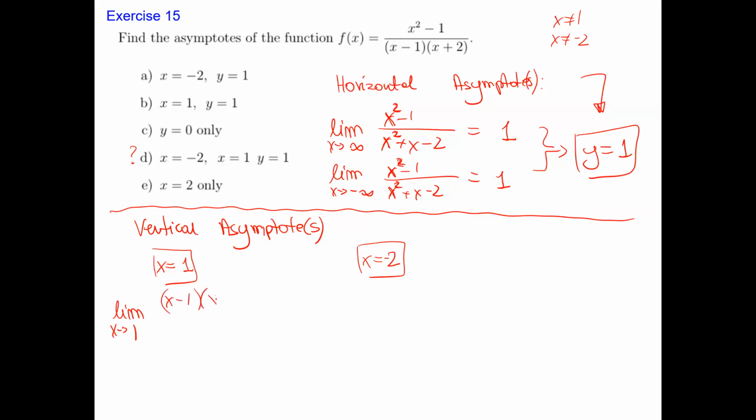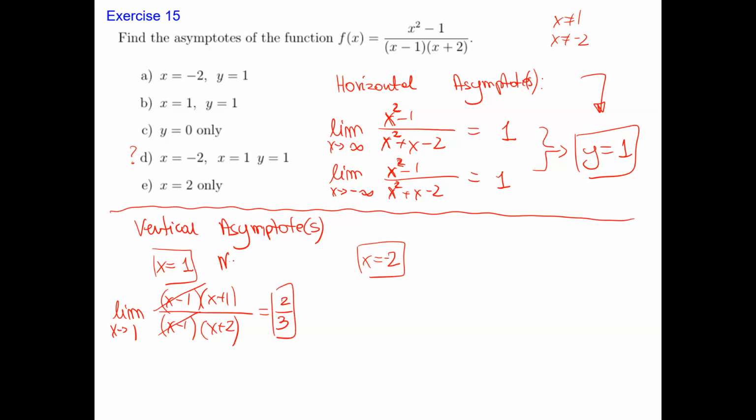I can maybe distribute, actually, the opposite, factor form. Now we can see that 1 gives me 0 in the denominator, but I can remove that 0. If I remove that 0, 1 over 0, 1 over a small number, is a big number. I remove that option. 1 plus 1 is 2, 1 plus 2 is 3. It's a finite number.